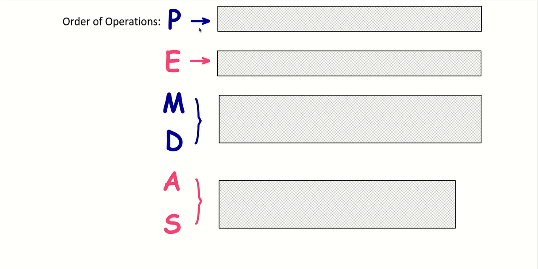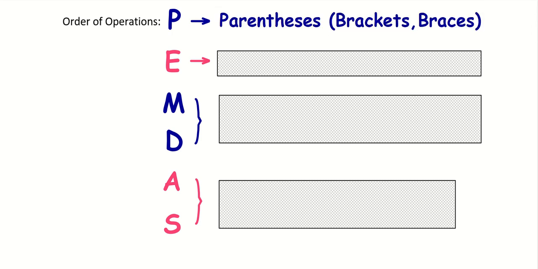But let's run through quick what this is, and this is in order. So what you should look at first is any parentheses or brackets or braces, or more specifically, any operation inside the parentheses or brackets or braces.